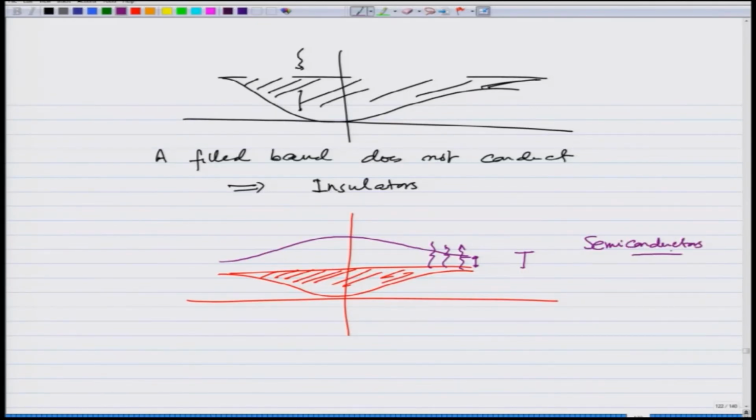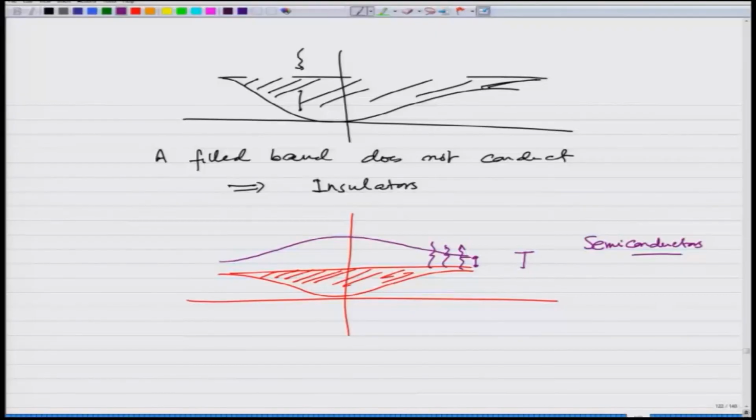So, semiconductors and insulators are both systems where bands are filled at 0 temperature, but in insulators the band gap is very large and in semiconductors the band gap is small. I am giving these arguments for one dimensional systems. Now, the 3 dimensional case has a little more subtleties, but the idea is pretty much the same.